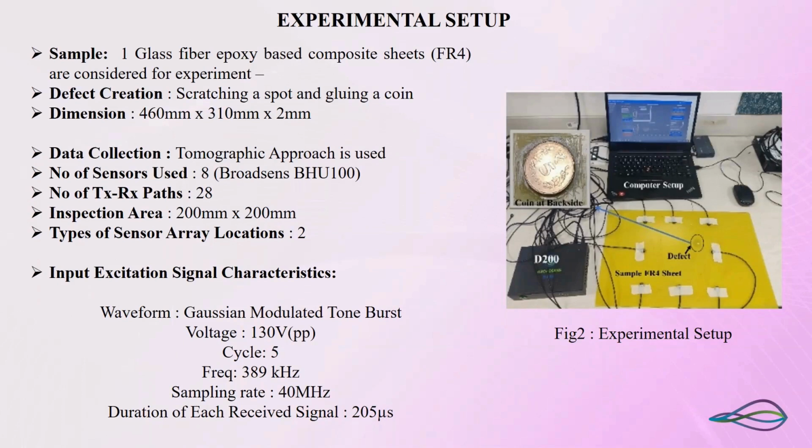However, we have also tested other frequencies. For sampling, we are using a 40 megahertz sampling frequency, and the duration of each received signal for each path is around 205 microseconds. The total number of paths that we are considering in this experimental system is 28.